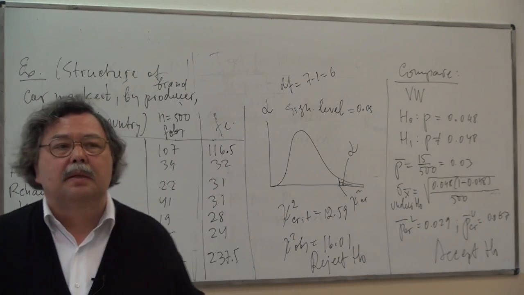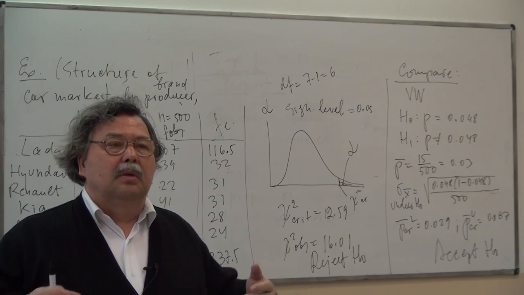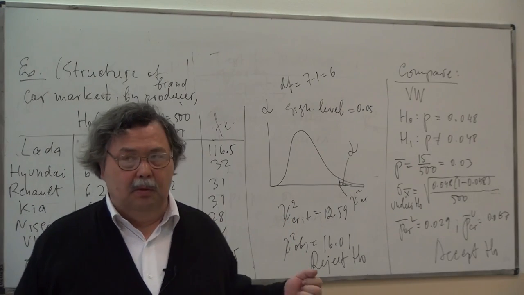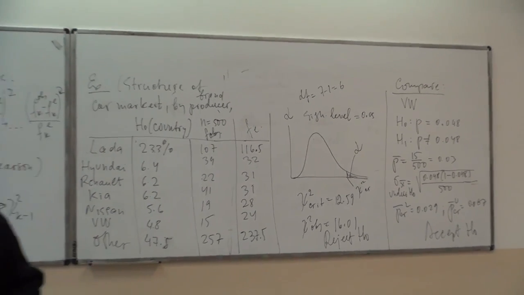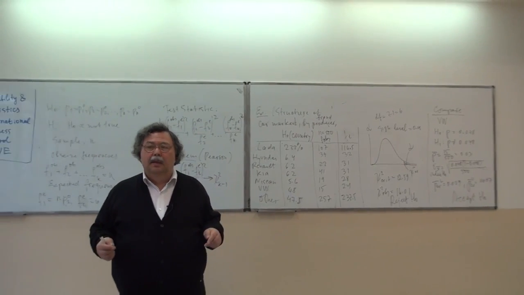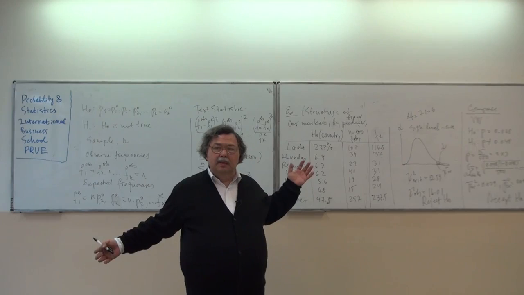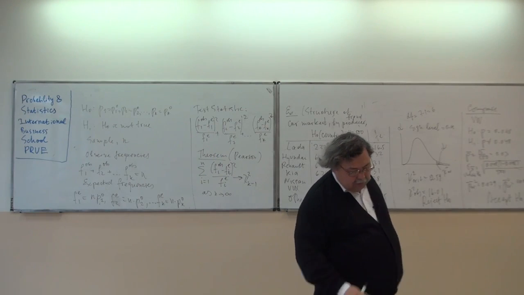Which means that this chi-squared test is not only more convenient if we deal with the multinomial proportion. Convenience is not the key consideration here. It's more sensitive. It gives us a more accurate answer when we take account of all these deviations together at once.